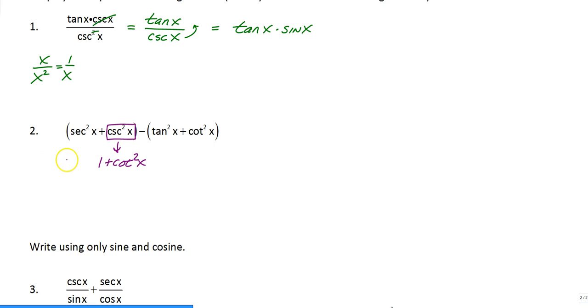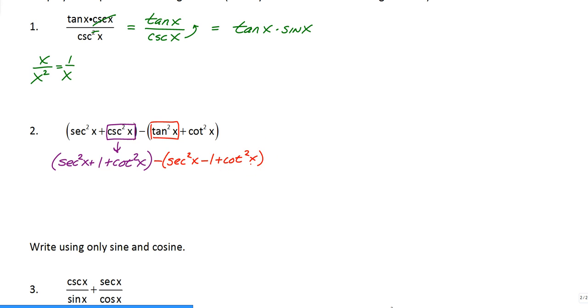Okay, and then of course we still have our secant squared x, so we now have secant squared x plus 1 plus cotangent squared x. And now we have minus tangent squared x. Tangent squared x can be rewritten as secant squared x minus 1. And then, of course, we have the plus cotangent squared x.